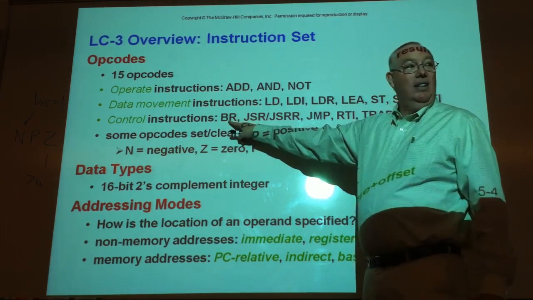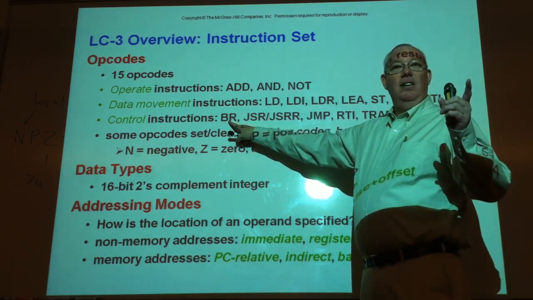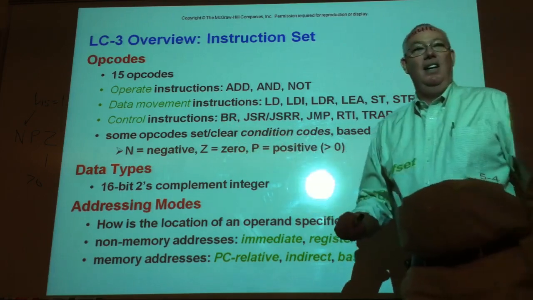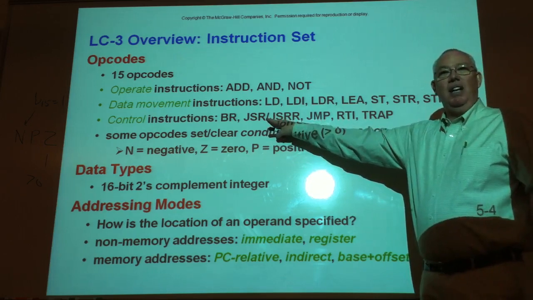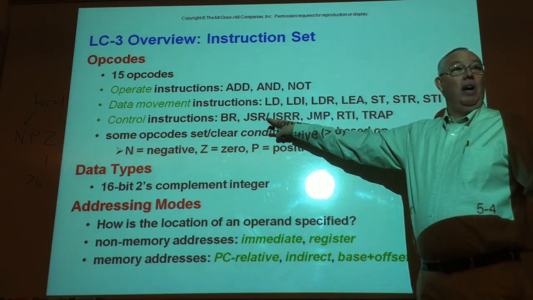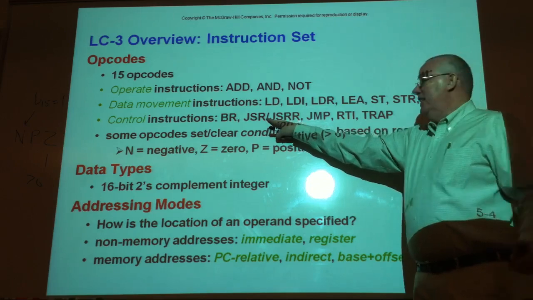Here are our control instructions. These change the PC. This is how you make your decisions. The only way you can do things differently in any ISA is to change the program counter, execute somewhere else, and that's it.